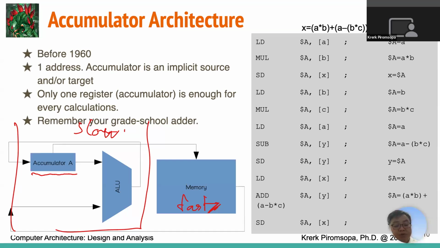Let's try a simple operation. I want to do A times B plus A minus B times C, like this. Since we have only one accumulator, that means we have to put something in memory, like A, B, C. Let's put them in memory.